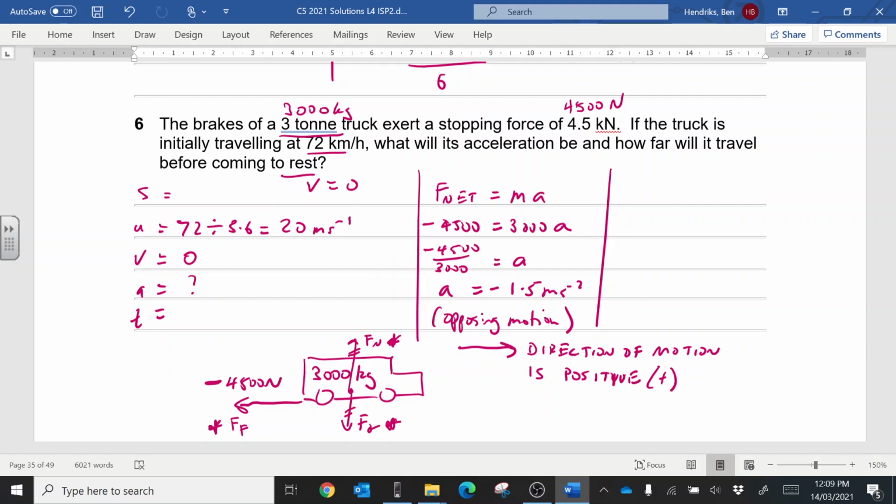I think we'll use V squared equals U squared plus 2AS.